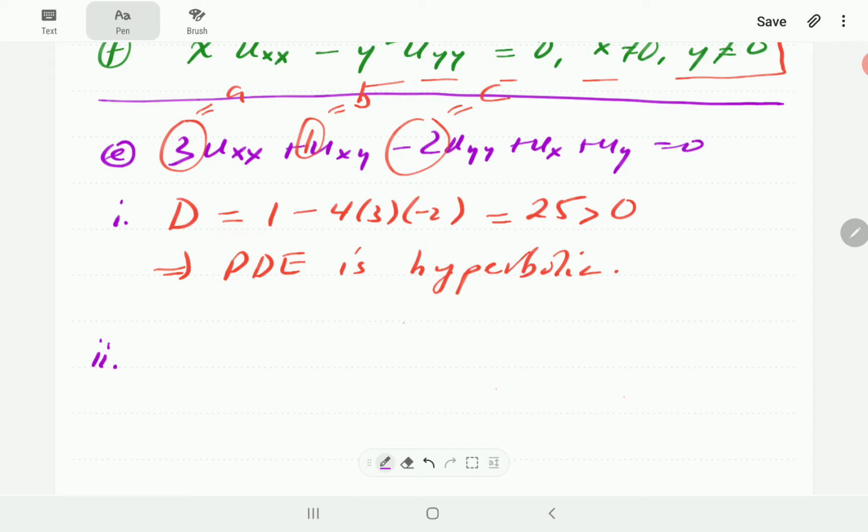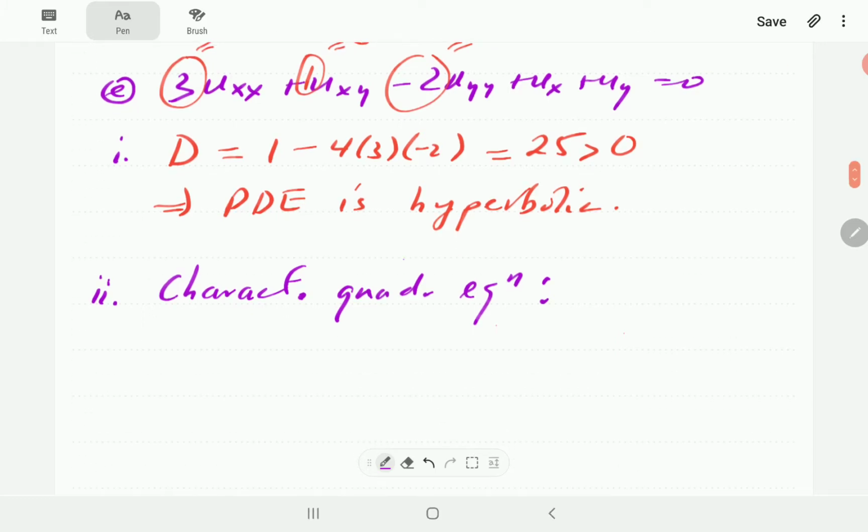And then in terms of reducing the PDE to canonical form, we need to work out the canonical coordinates. We start by solving the characteristic quadratic equation.